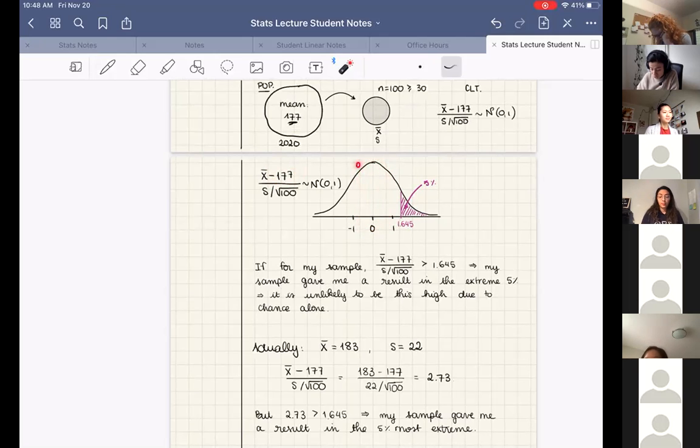Sometimes, very unlikely as well, you would have a result that would be very small, right? So if you happen to choose a sample that is just made up of men that are very light. Sometimes it's going to be very high, right? But it is unlikely that it is in the top 5%. There's only a probability of 0.05 that it is as high or higher than this value of 1.645. That means it's quite unlikely. And that means that if we find such a result, then because it's unlikely that it comes from a population that had a mean of 177, we can conclude that most likely it does not come from that population.